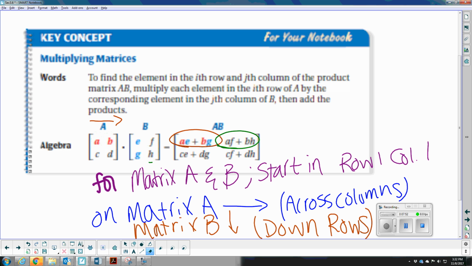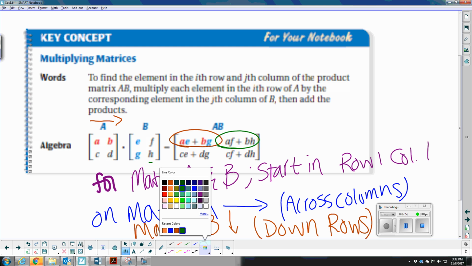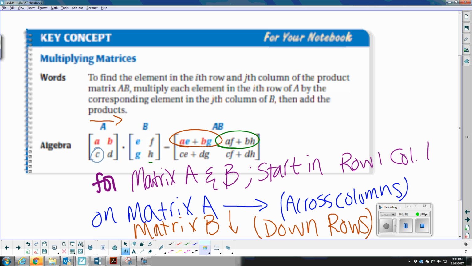And then for our second row, first column, we're going to start in the second row, first column. So second row, first column is C times E, and move across the row, across the columns here and down the rows here. So CE plus DG.